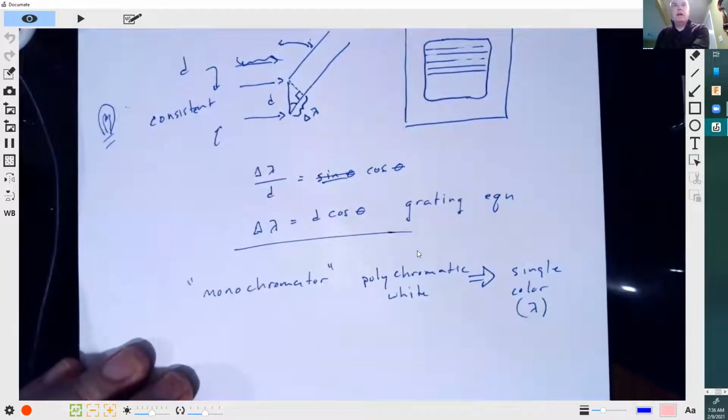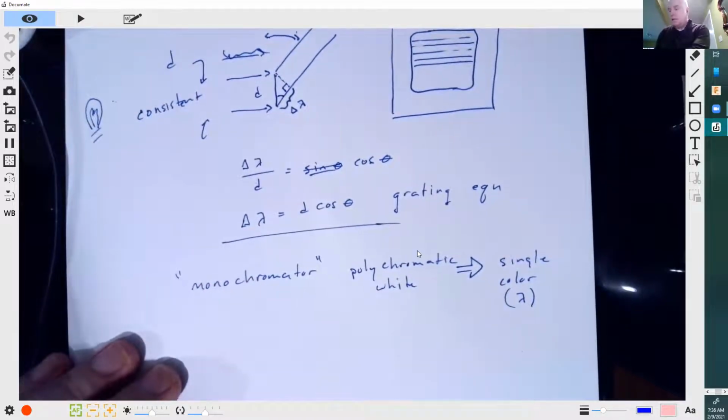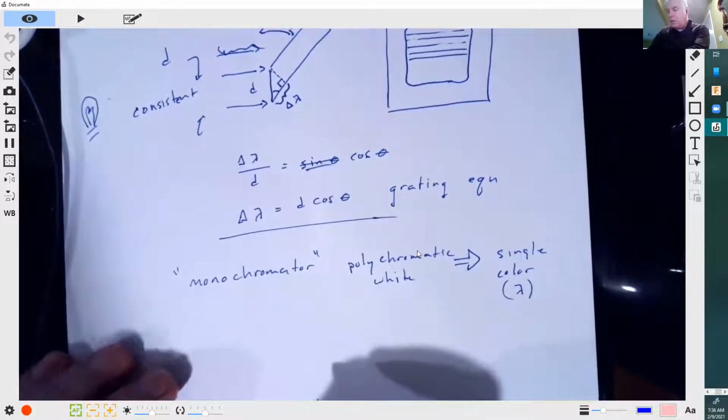They work on this basis, and they typically use reflection gratings.